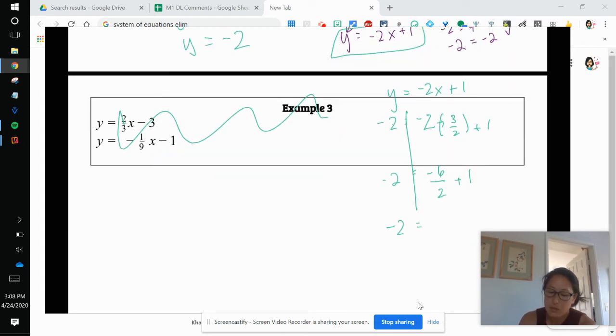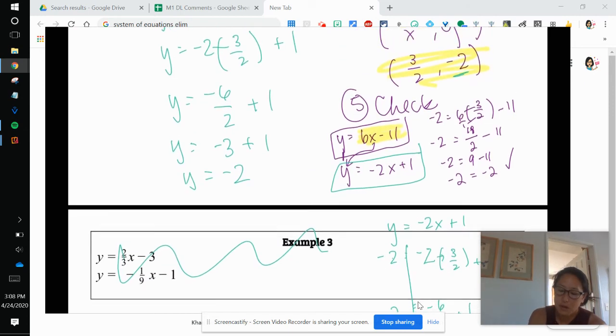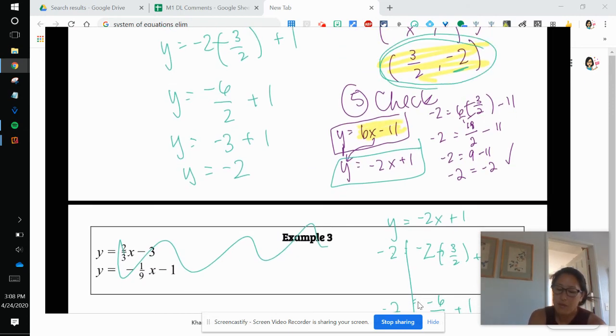Negative 2 is equal to negative 6 divided by 2 is negative 3 plus 1. So negative 2 is equal to negative 2. So again, these verify. So I know that the ordered pair 1.5 and negative 2 is the solution to my system.